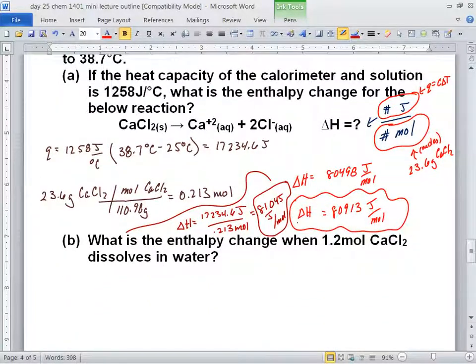So in this last one, before we get out of here, you pretty much just start where? Start with the 1.2 moles of calcium chloride. And then whatever you got for your enthalpy for that reaction, just put it in. I got 81,045, so I have 81,045 joules in a mole of calcium chloride.